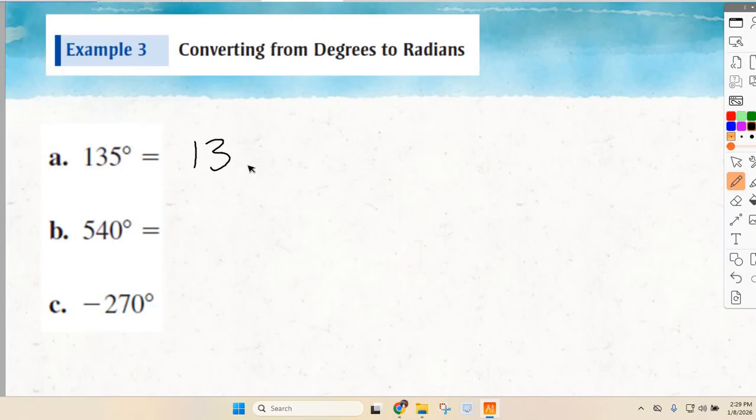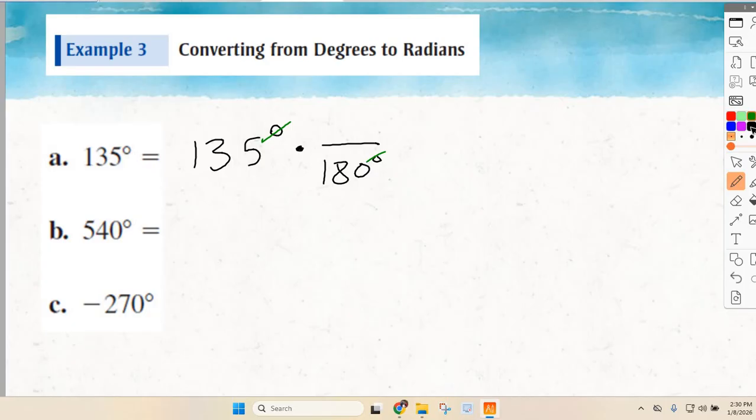If I am wanting to convert 135 degrees to radians, what has to be on the bottom of my fraction in order to make degrees go away? 180 degrees, right? Because the whole thing that we're doing is we're trying to get our degrees to go away. So if I have one on top and one on bottom, now they reduce out.